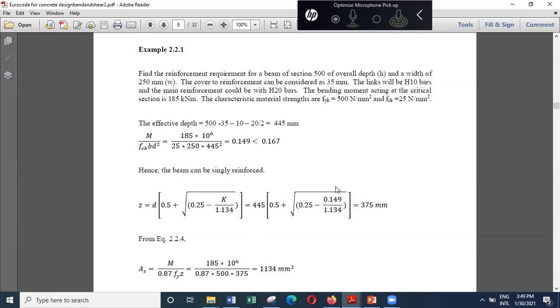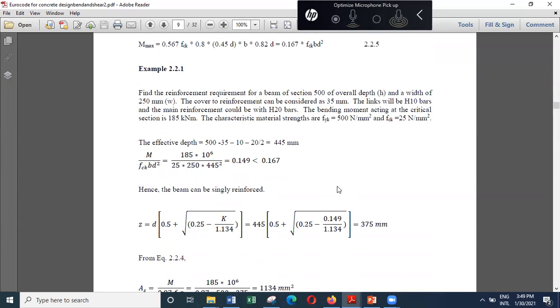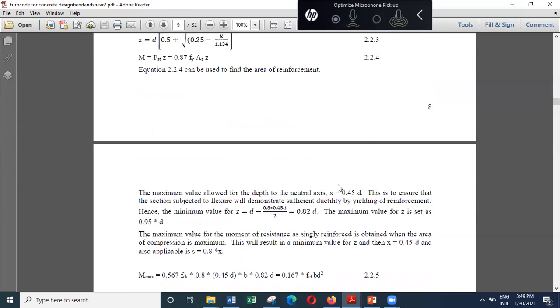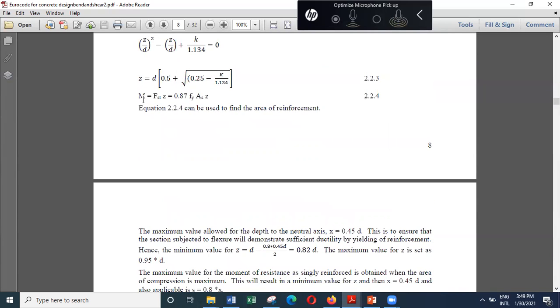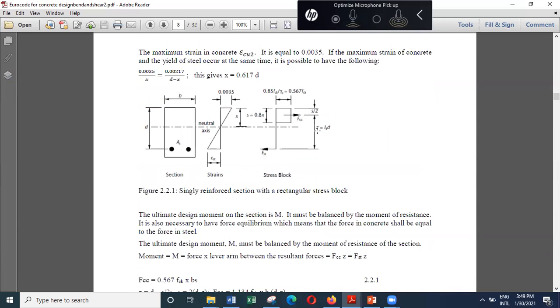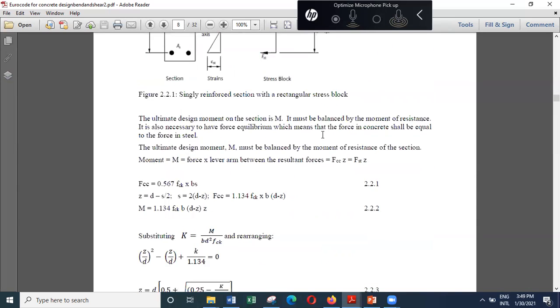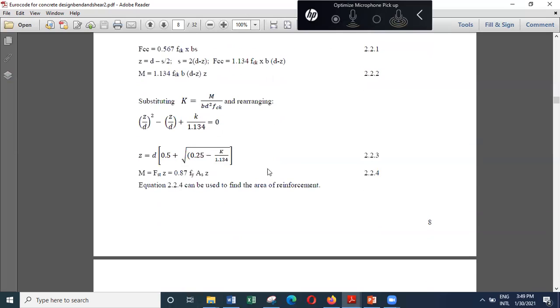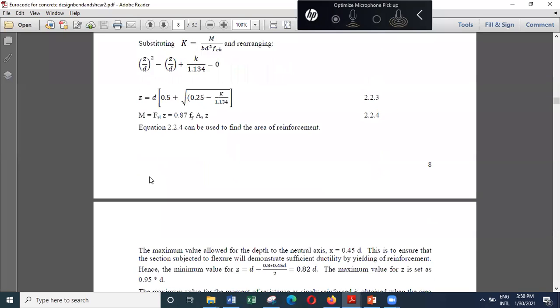Then what you do is, we know the Z value, and we have this equation, M is equal to Fst times Z, the moment carrying capacity is equal to force in steel multiplied by Z. So you'll end up with 0.87 times fy multiplied by A_s times Z, where the value of Z is known. fy is 500, the moment is 185.